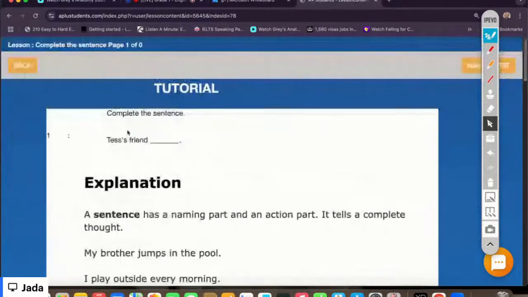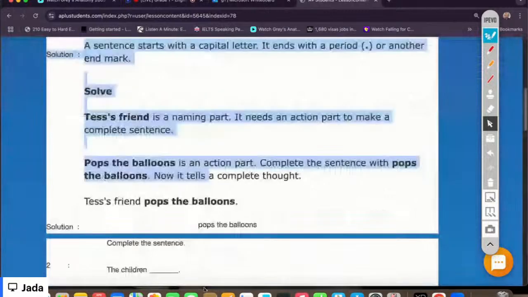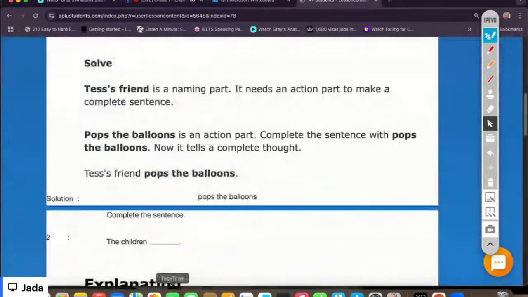For example, complete the sentence: Tess's friend. So what's the right one? Pops the balloon. You can see that Tess's friend is a naming part, so "pops the balloon" would be the good action part to balance that sentence.